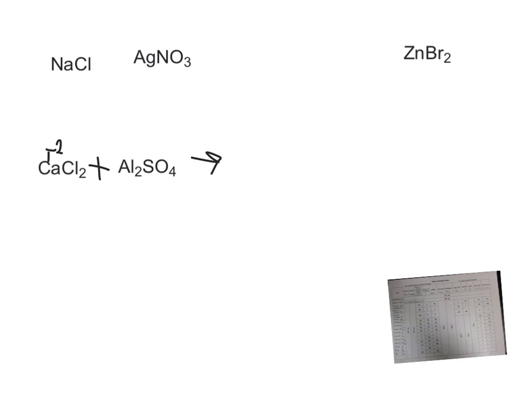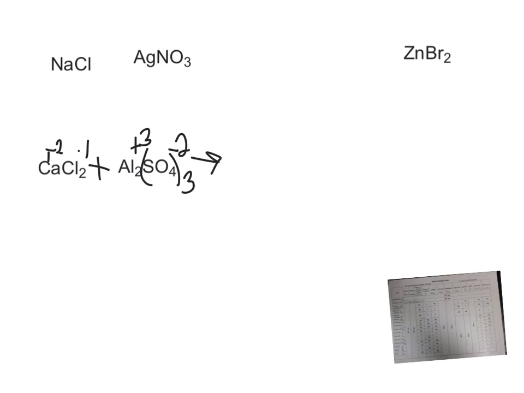Plus 2 on calcium, minus 1 on chlorine. Aluminum is plus 3. Sulfate is minus 2. So we actually need 3 sulfate there. So we're going to do a flip-flop with our cations and our anions.